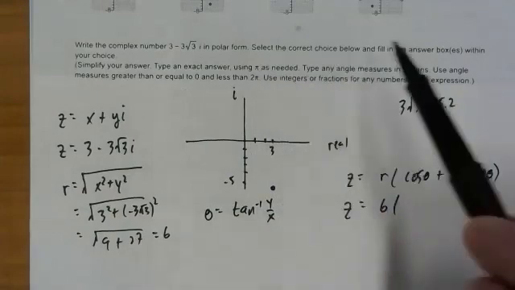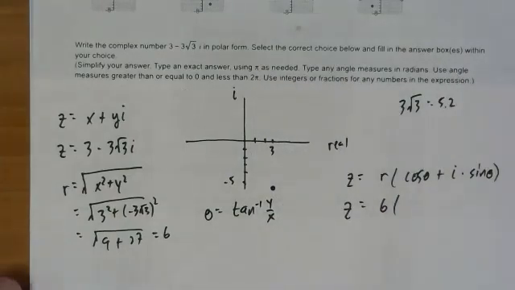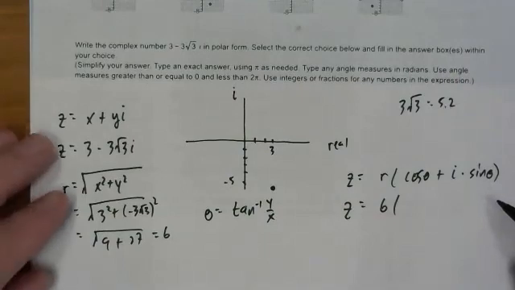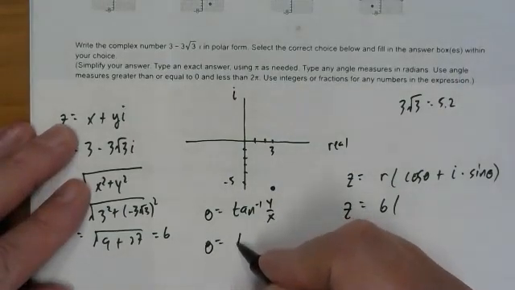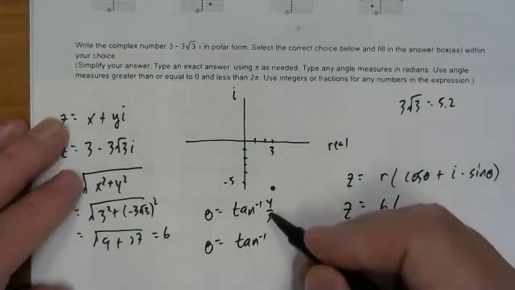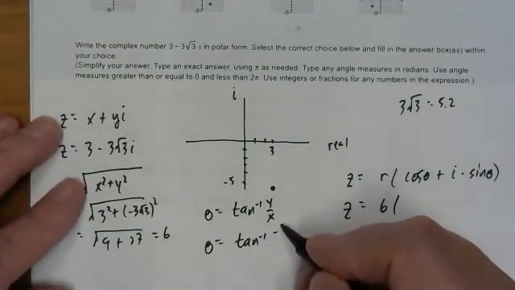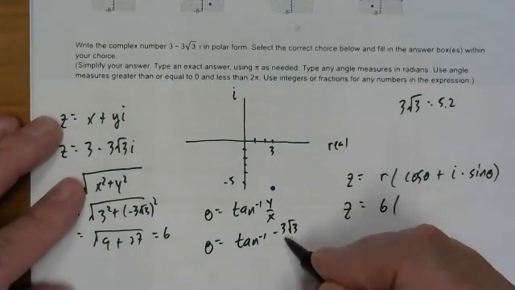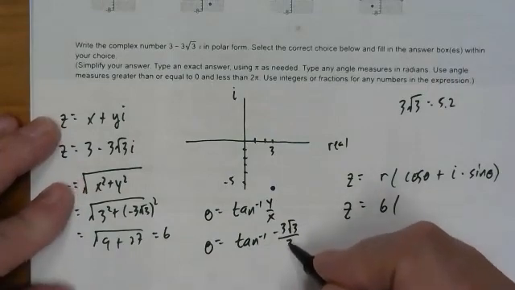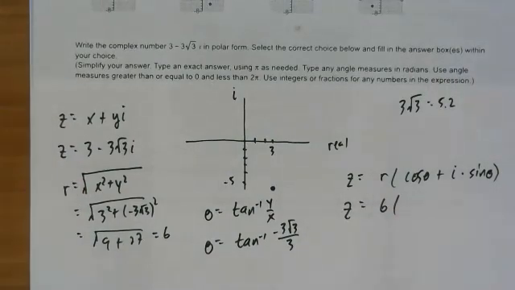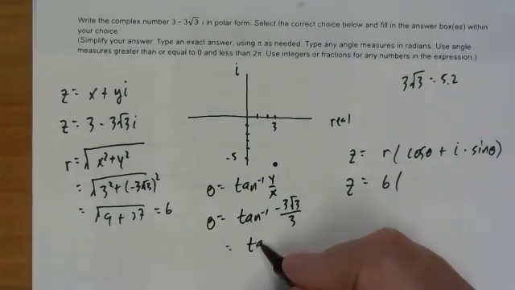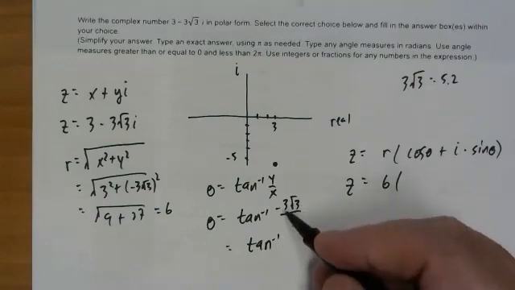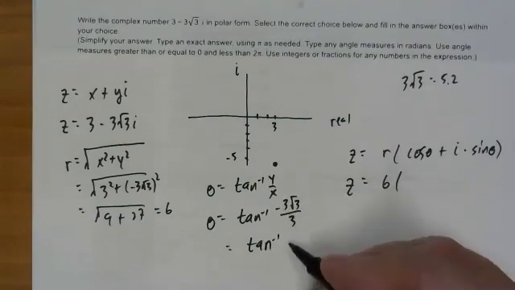So they want a positive angle between 0 and 2 pi. So inverse tangent of y over x, negative 3 square root of 3 over 3, which simplifies down to, the 3's cancel.